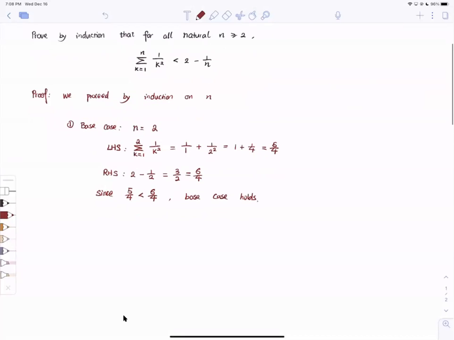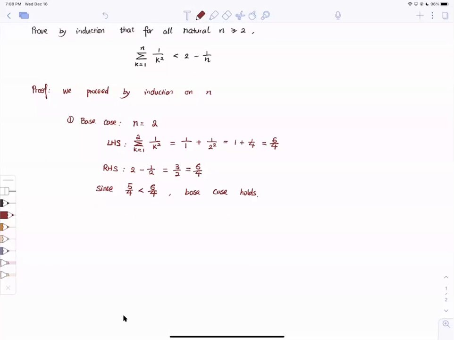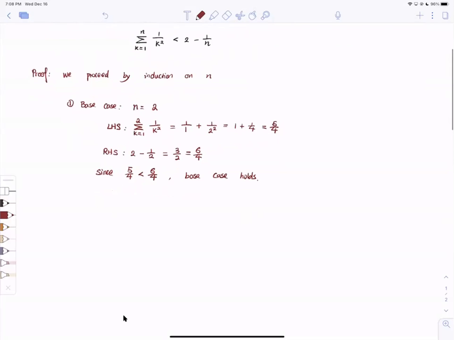Okay, so that's the base case. Any questions so far? One thing you cannot do is write something like this. Do not do this, because you'll lose marks.